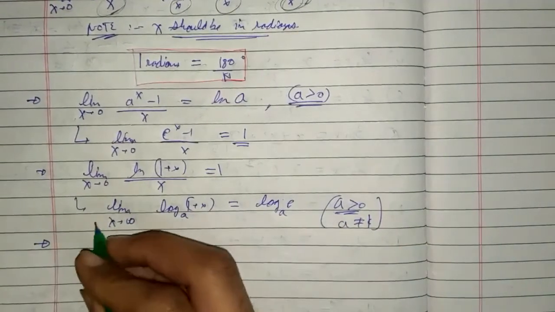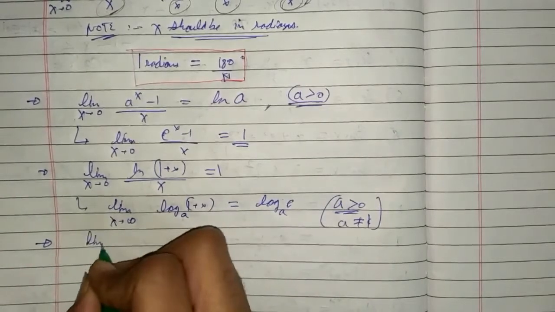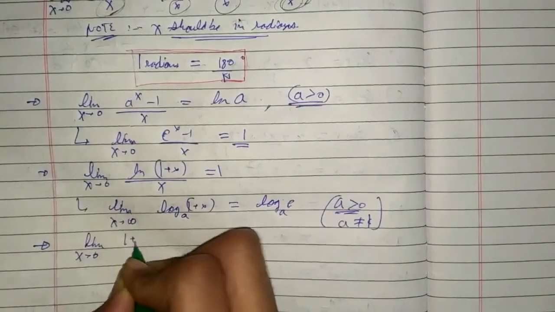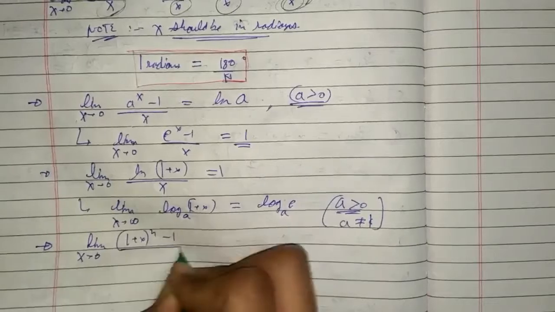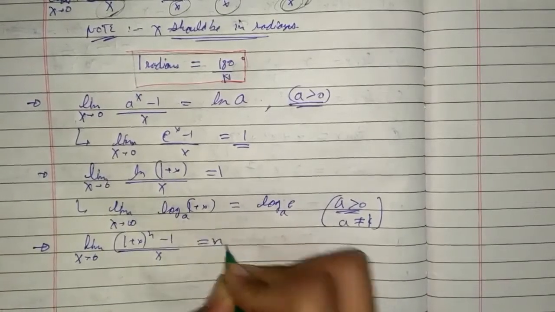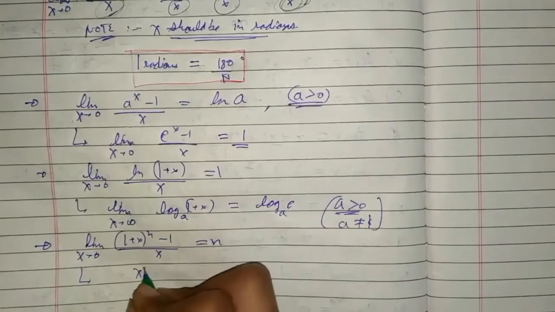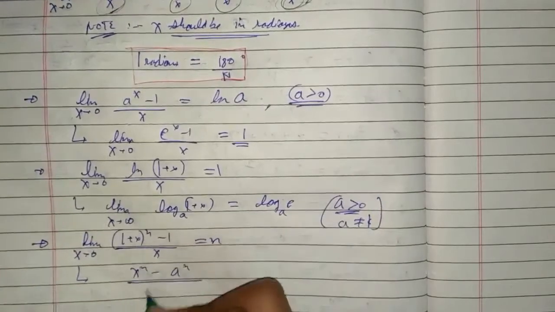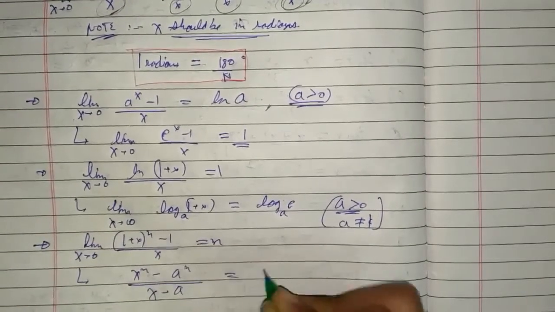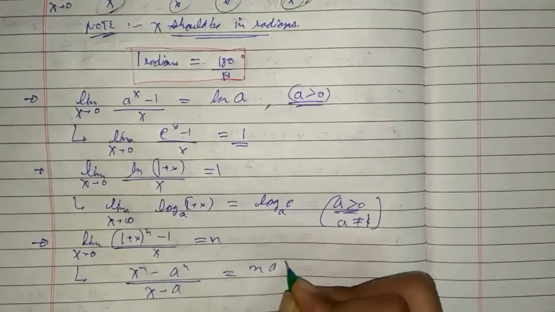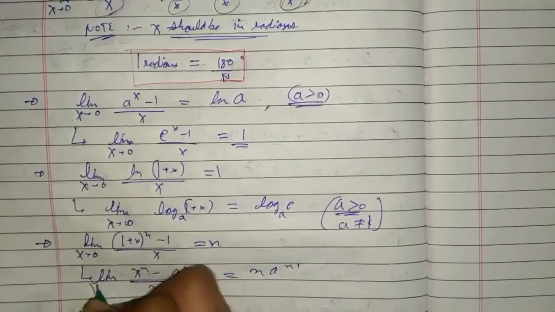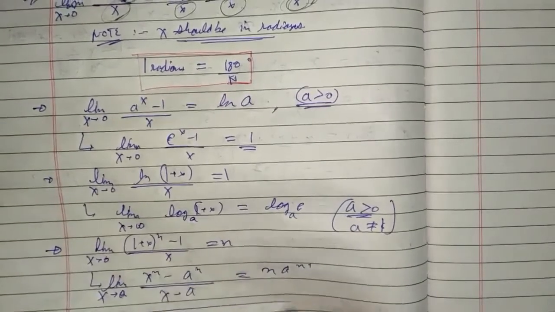And the last for the day is limit x tends to 0, ((1 plus x) to the power n minus 1) on x is equal to n. And in general, (x to the power n minus a to the power n) divided by (x minus a) is equal to n times a to the power n minus 1, and limit x tends to a.